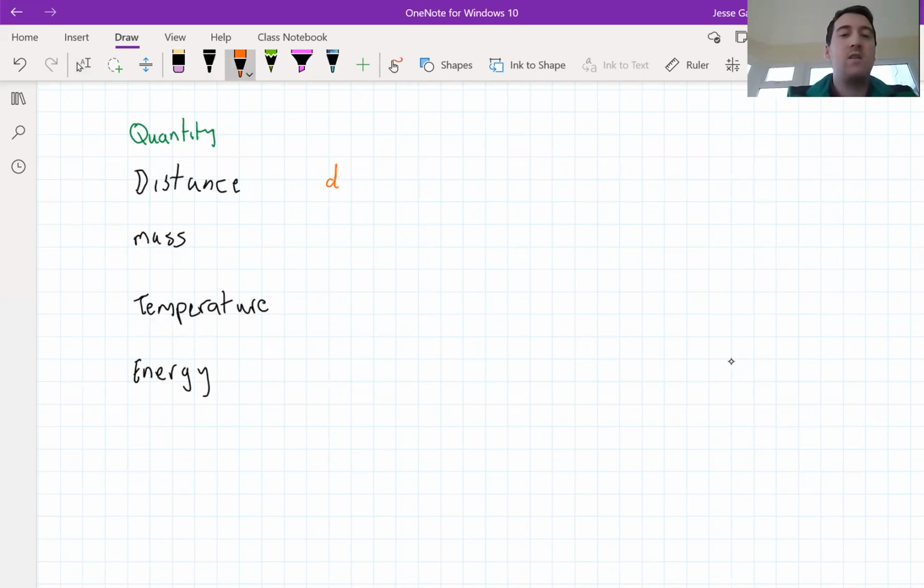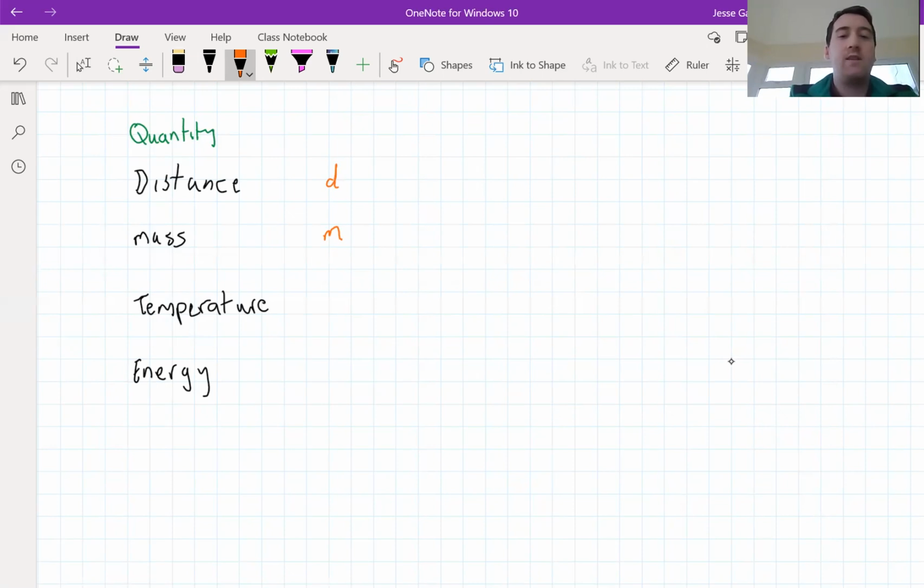For mass, to communicate that they're measuring mass, scientists would use a lowercase m. Now, why do they use lowercase d and m? Well, there's probably already some other quantity that uses a capital D and a capital M. So they can't use them as well. So instead of mixing them up, these are lowercase.